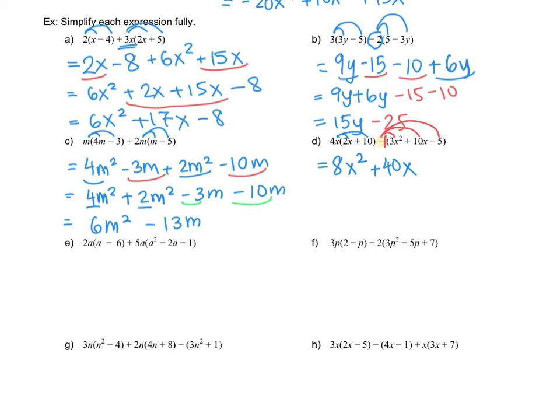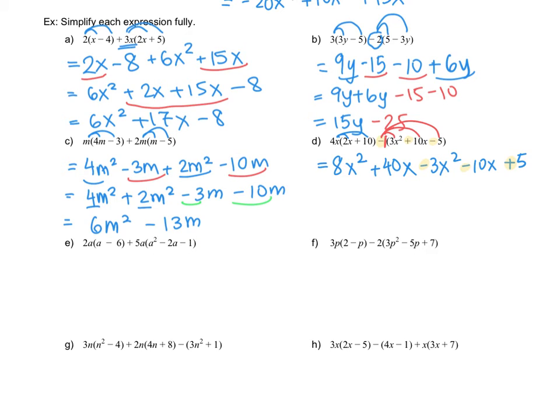So negative 1 times 3x squared is negative 3x squared. Negative 1 times 10x is negative 10x. Negative 1 times negative 5 turns it positive. So look at all of the signs. They all swapped. The 3x squared used to be positive, now it's negative. The 10 used to be positive, now it's negative. The 5 used to be negative, now it's positive.